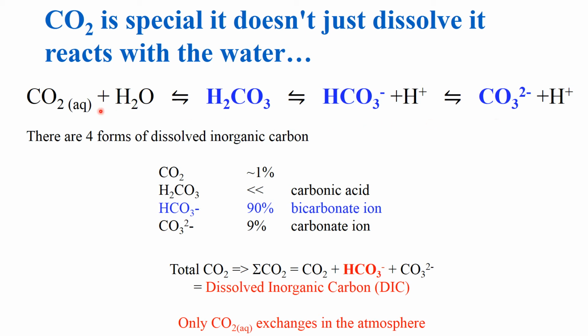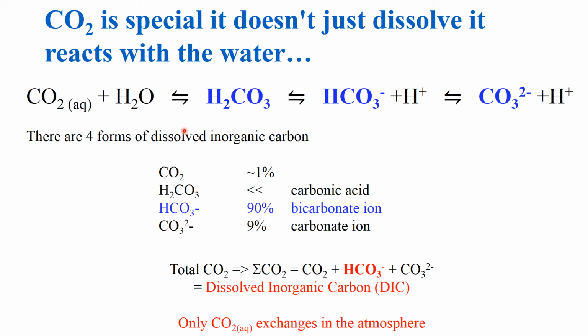Now, that means that if we equilibrated the atmosphere and the ocean with aqueous CO2 by Henry's law, and then we take away some of the concentration of this by forming these species, that lowers this concentration, which puts the balance of the CO2 out of equilibrium, so it draws more CO2 from the atmosphere into the ocean.